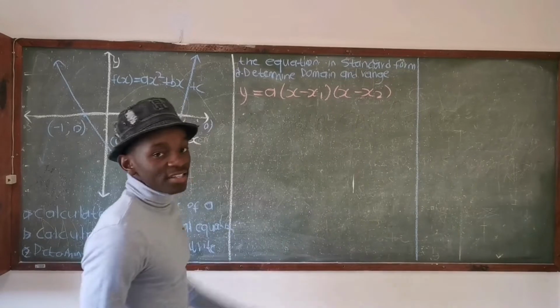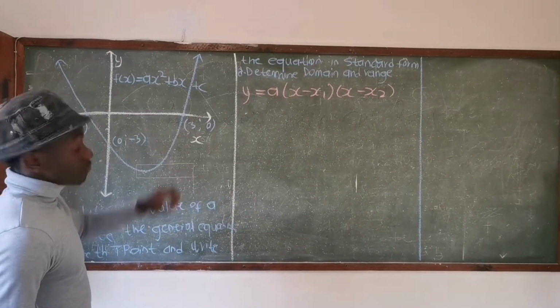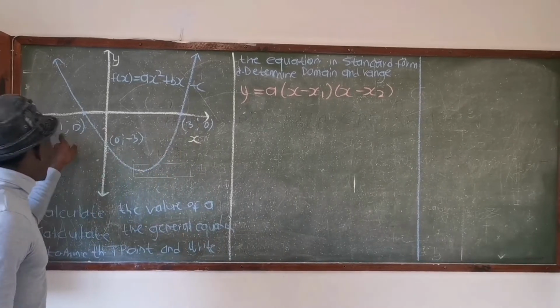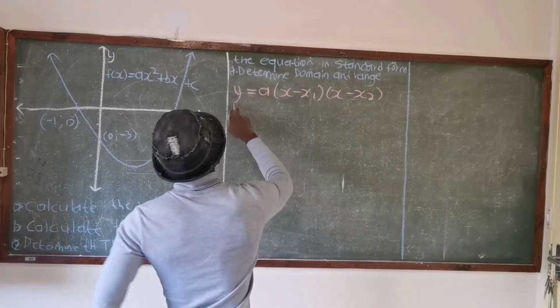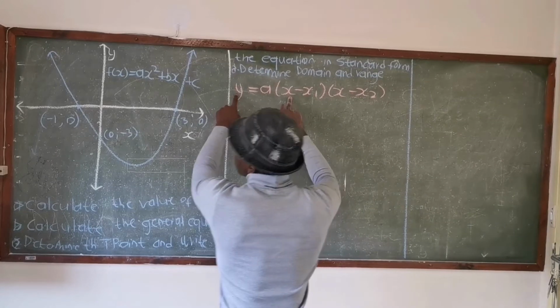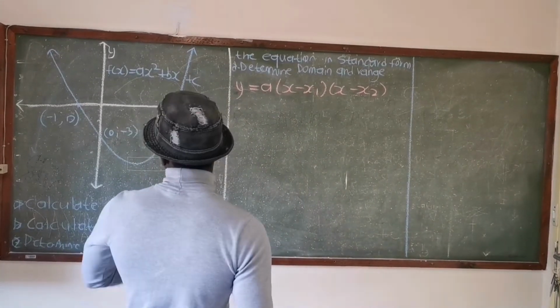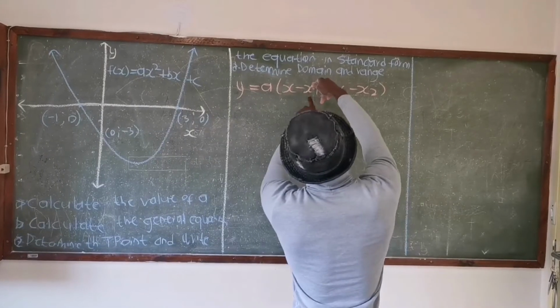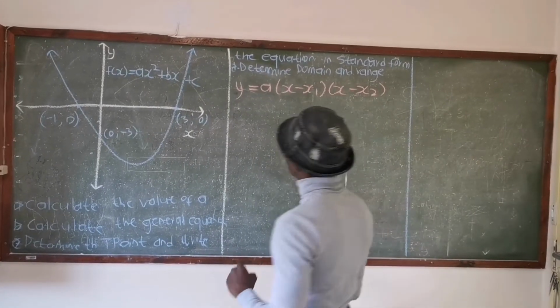The x1 and the x2 represent the x-intercepts. As you can see here, we already have x1 and x2. Here we're going to substitute y and x, any point on the graph. We already have the point 0 and negative 3. And the x1 and the x2 are the x-intercepts.